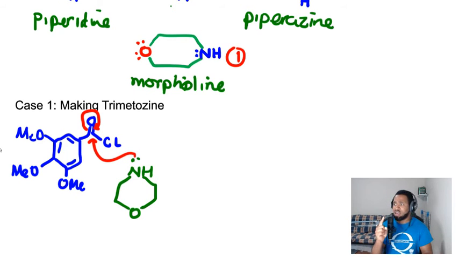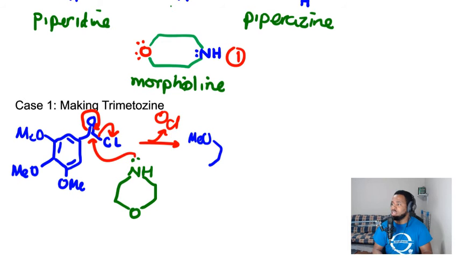But take note that by reforming this pi bond, we cause a good leaving group, in this case chlorine, to leave. Therefore, we have the loss of our chloride, and we create our specific intermediate product, which is seen right here.